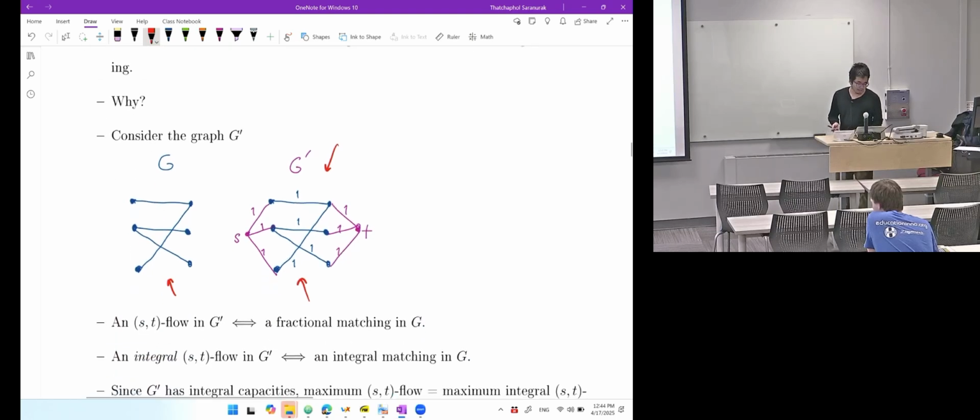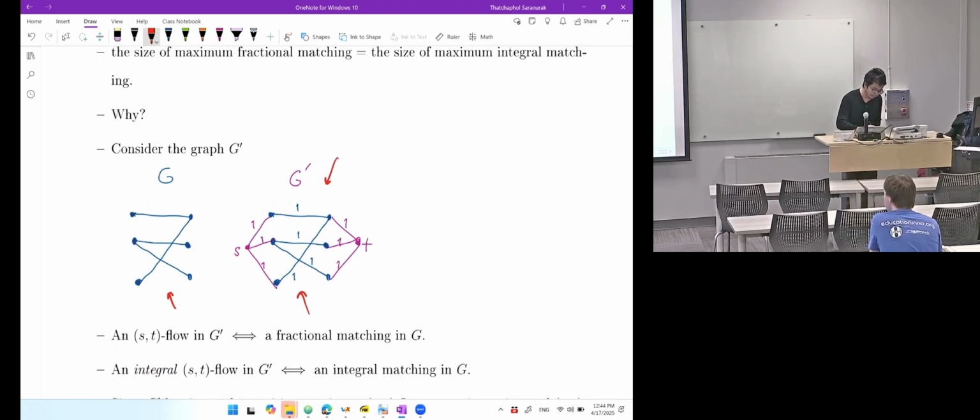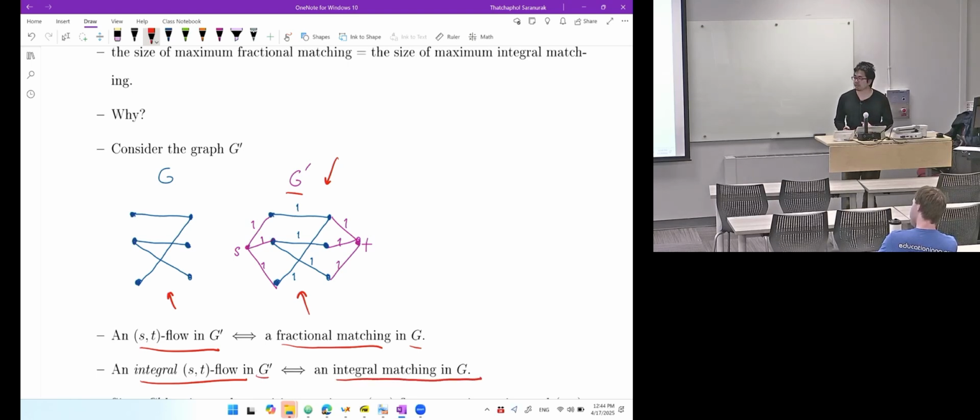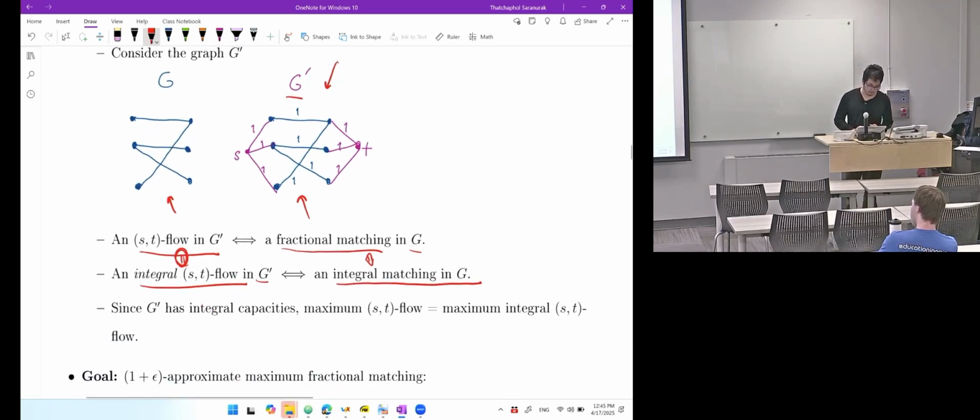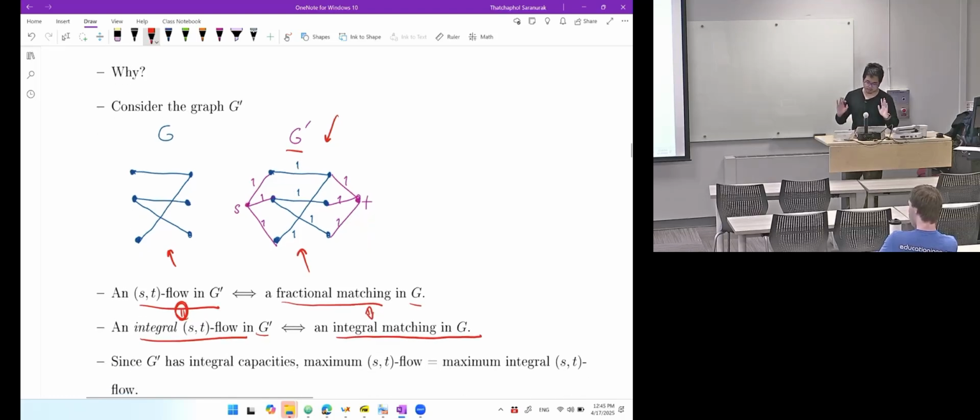The flow in this G prime corresponds to a fractional matching in G, and an integral flow in G prime corresponds to an integral matching in G. These two have the same maximum value. So that's just a reminder about matching.